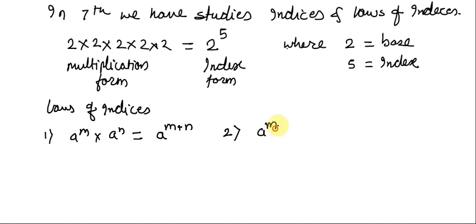The second law is division: a raised to power m divided by a raised to power n. In a simple way it gives us the common base a and the subtraction of indices, m minus n.